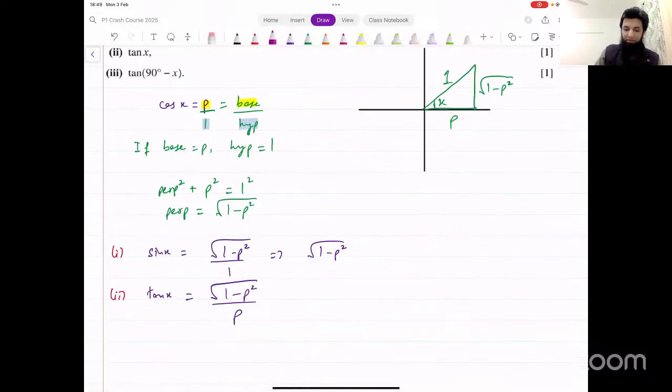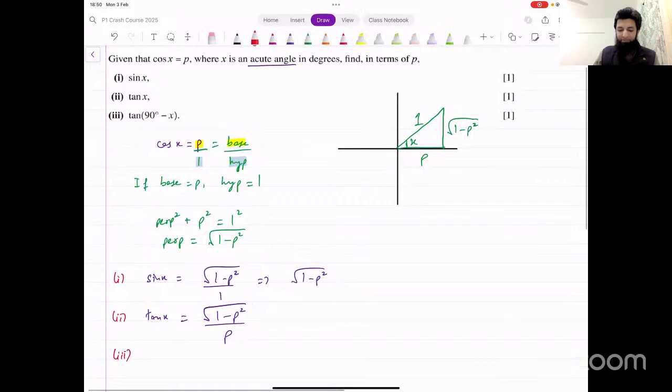And then in the third part, they ask you for tan of 90 minus x. What about this now? Any idea how we could find this? If we use substitution, let tan of 90 minus x be a. What do we do then?